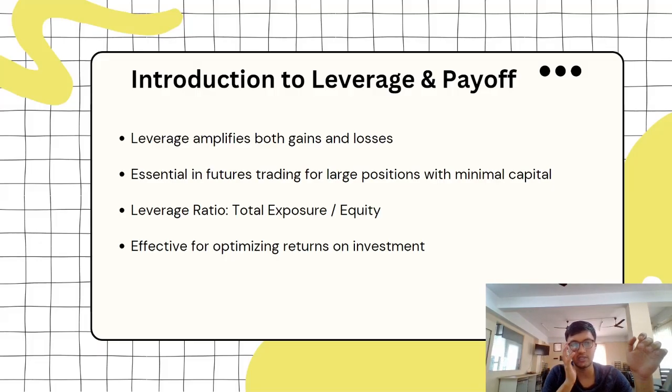Now I can go ahead and buy five intraday shares of Tata Motors for just 500 rupees. But what if the share price comes down from 500 rupees to, let's say, 450 rupees? I will be incurring a lot more losses. In this case, I had 5x leverage, so my losses will be 5x. If I had bought on a cash basis, I would have made a loss of 50 rupees.